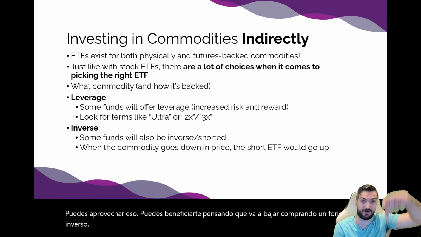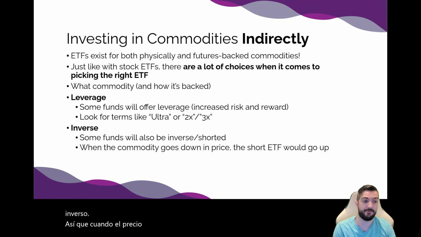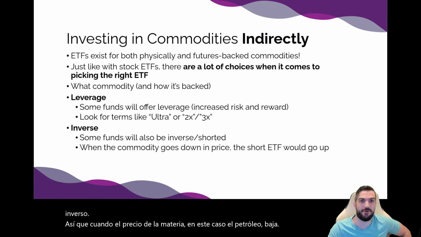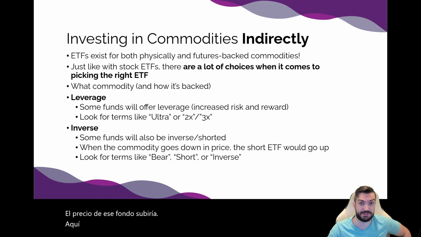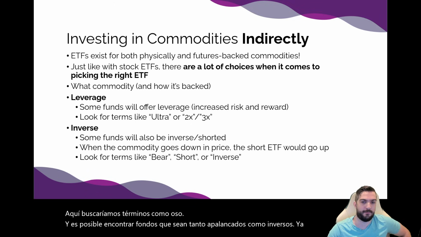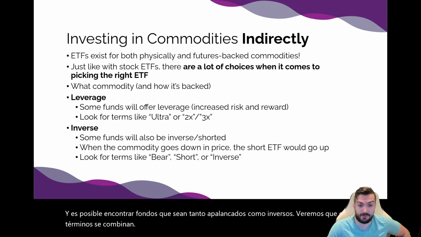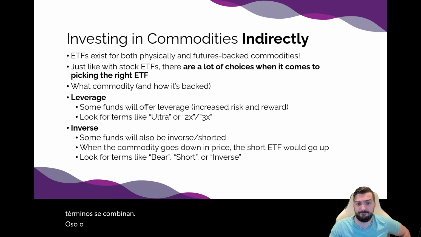So when the price of the commodity, in this case oil, goes down, the price of that fund would go up. Here, we'd be looking for terms like bear, short, or inverse. And it is possible to find funds that are both leveraged and inverse. We'll see those terms combined. Bear or 2x bear or ultra short. Those are going to be leveraged and inverse.